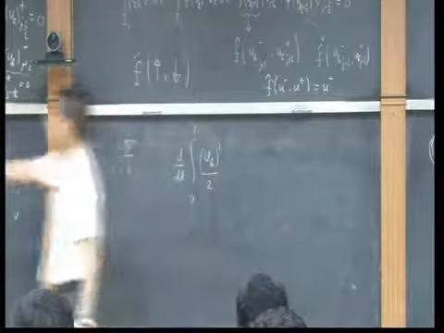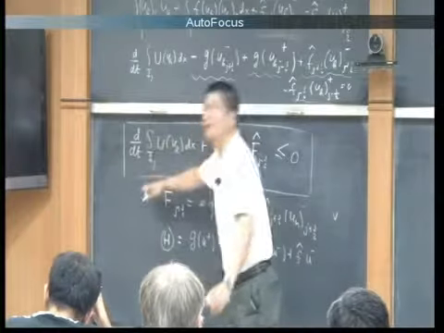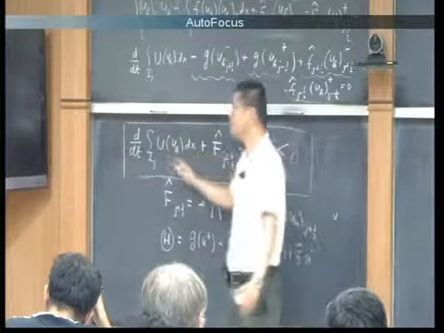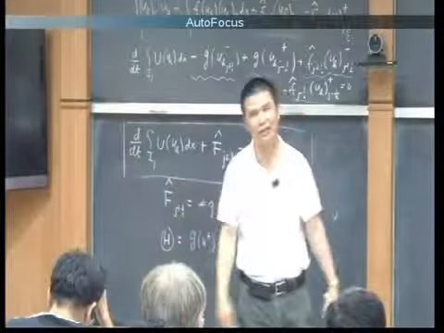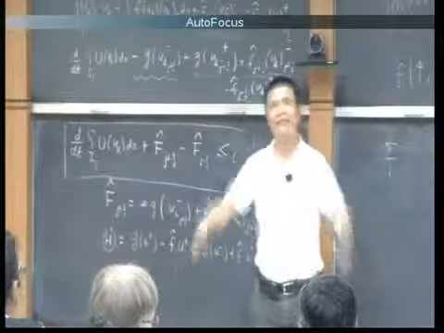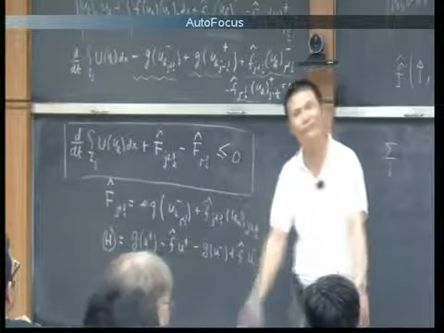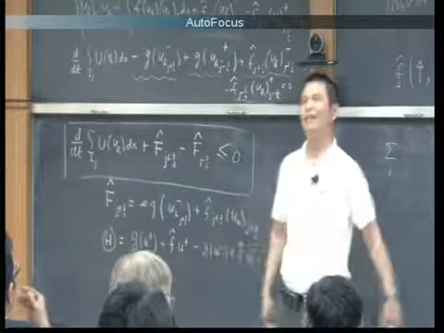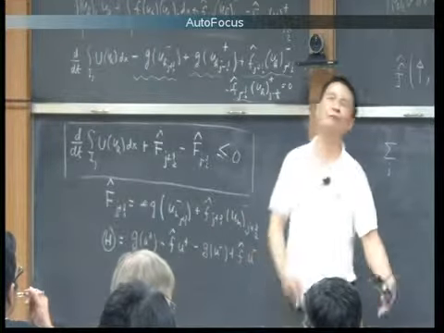You sum over every cell, you just get the whole integral from 0 to 1. U of u_h is u_h squared divided by 2. Plus, these guys just telescope, they disappear, right? So you have 3 plus half minus 3 minus half, plus 3 minus half minus 2 plus half, and so on.